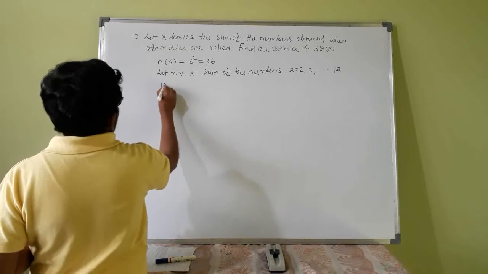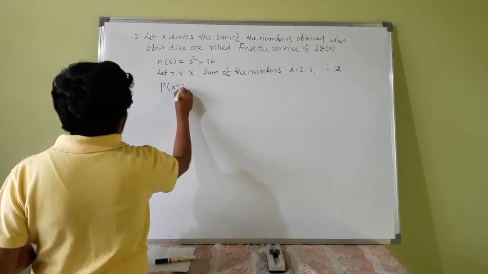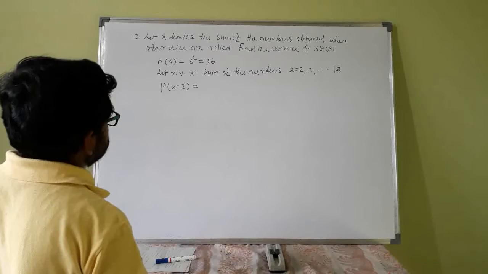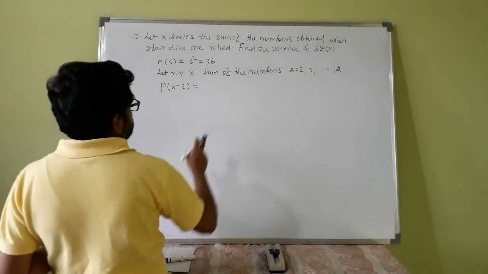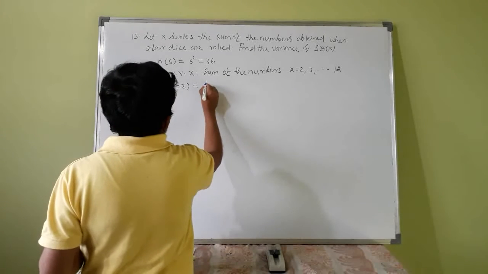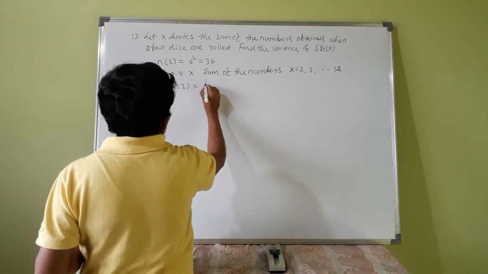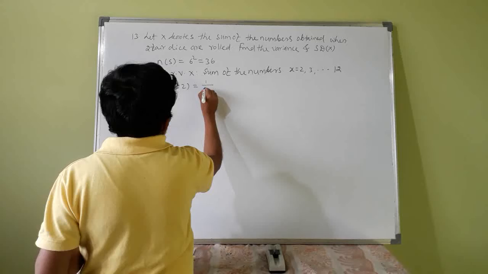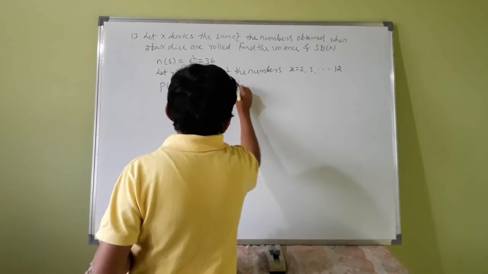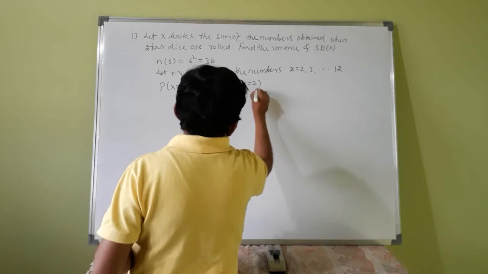Probability of X equal to 2 is how much? 1, 1. It is possible only when both are 1. That is 1 by 36.